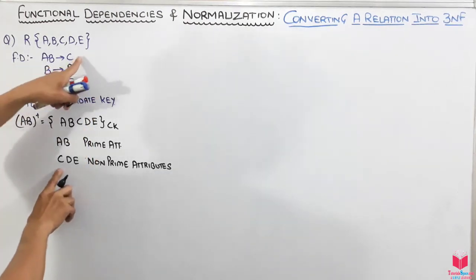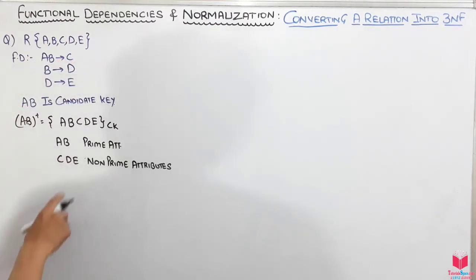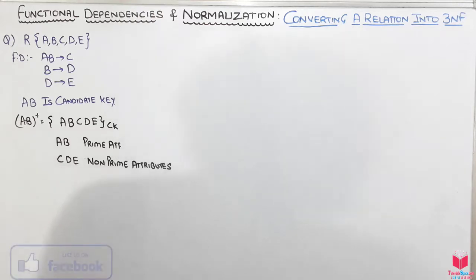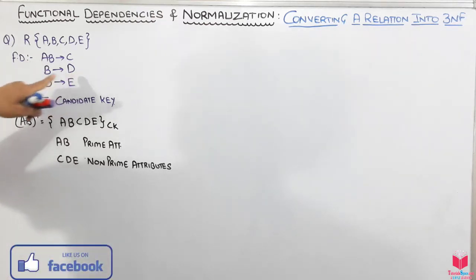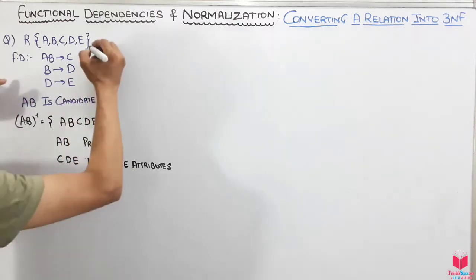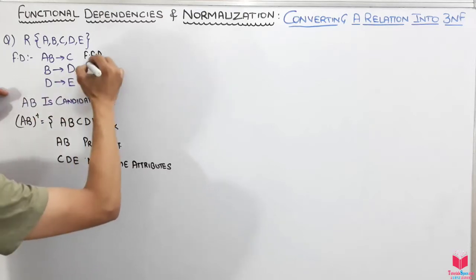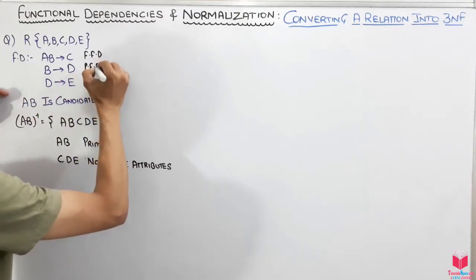First of all, check for C. Yes, C is completely dependent upon AB. Is D dependent upon AB only? No, D depends upon B, which is a partial functional dependency.